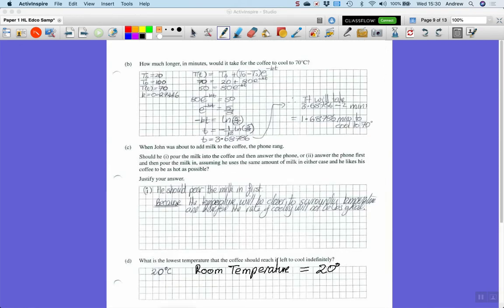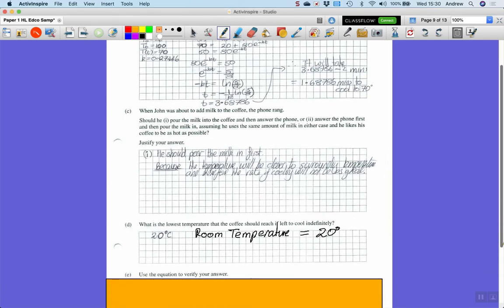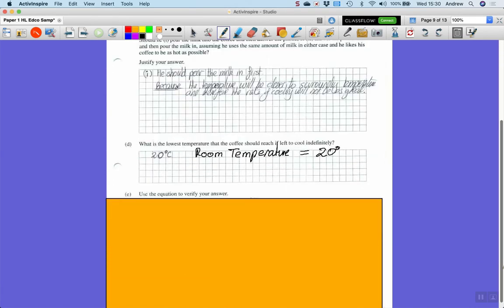That's in the opening part of the question. So when the cup cools down, it's never going to go lower than the surrounding temperature. The surrounding area will keep it at that temperature. So that's the argument there.